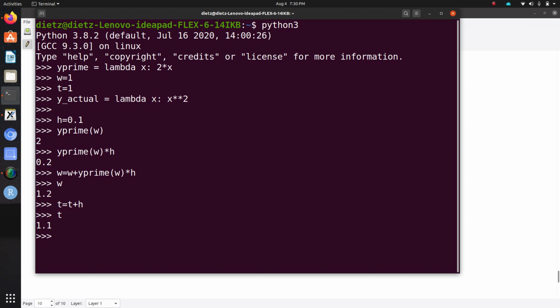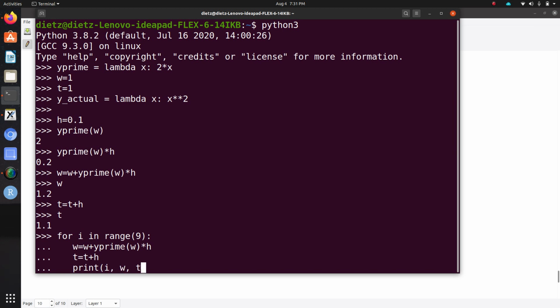And let's do this again. Let's say for I in range, I don't know, 9. W equals W plus Y prime of W times H. T equals T plus H. Print. I want to print which iteration. I may as well print I for my own sake.